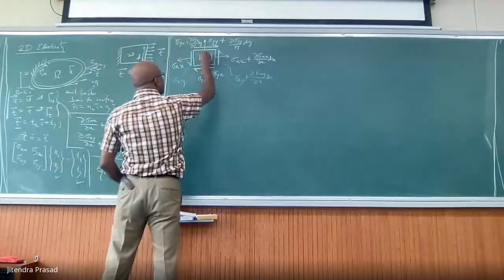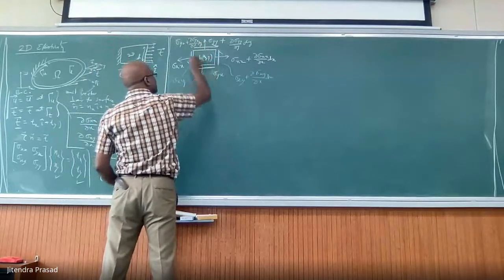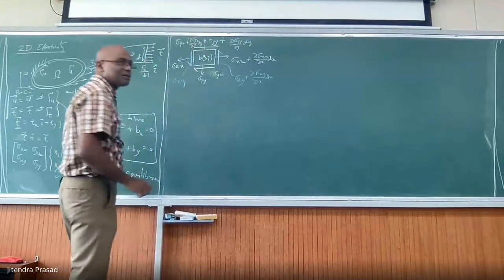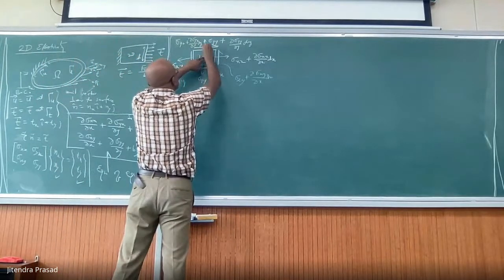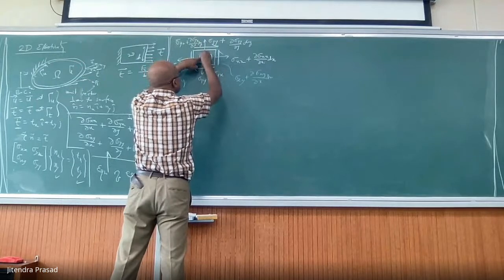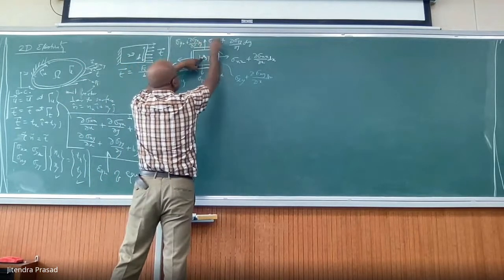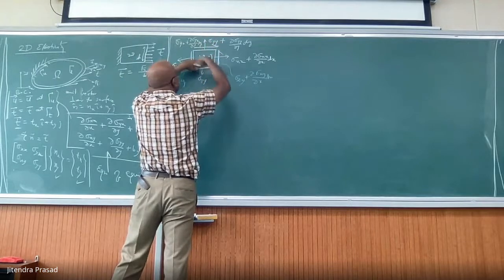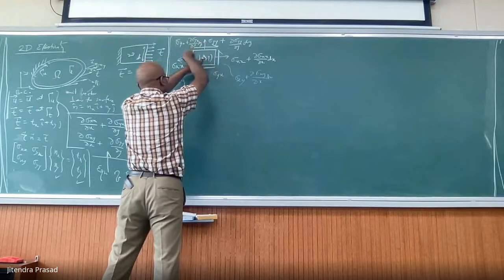It has to balance that way. So let's take moment about the middle of this element, the test piece. All these forces pass through the middle, so no moment is created by them. The rest will be because of the shear terms. Let's start from this side.